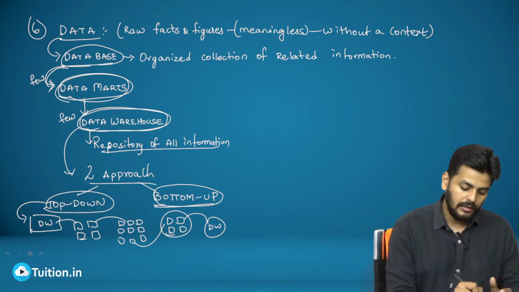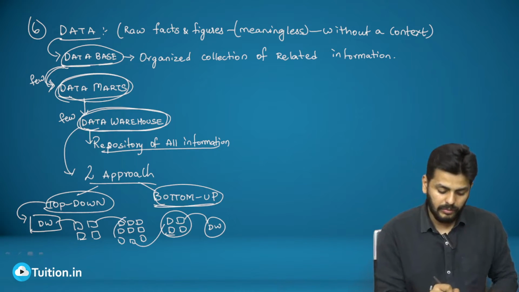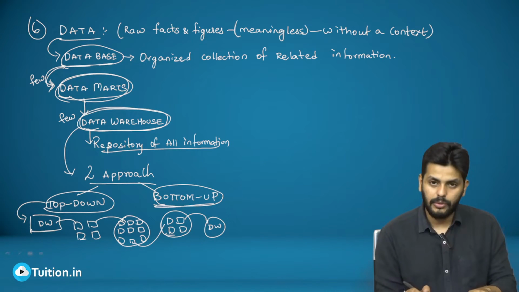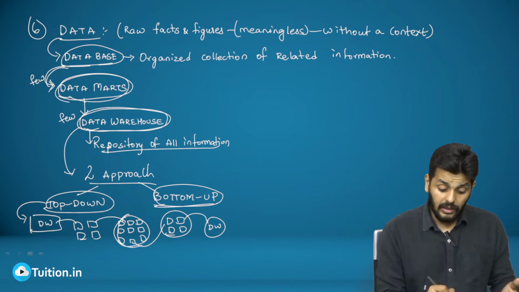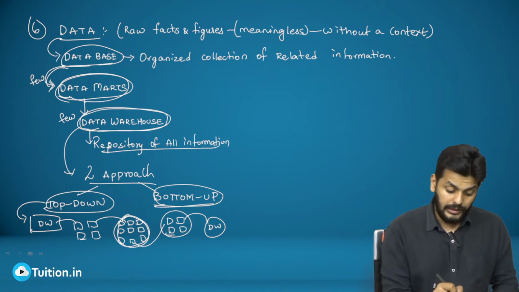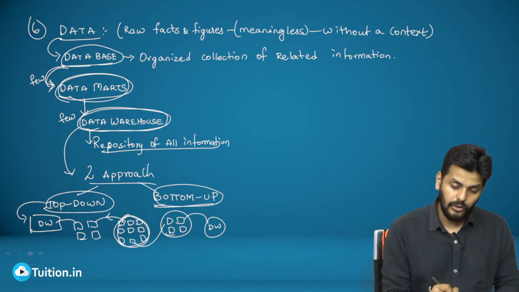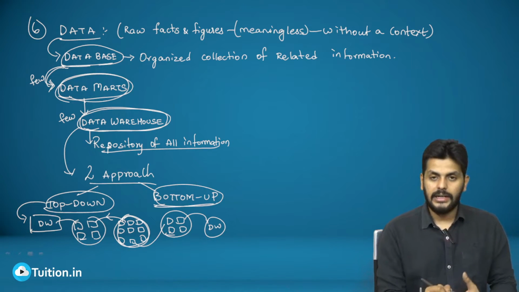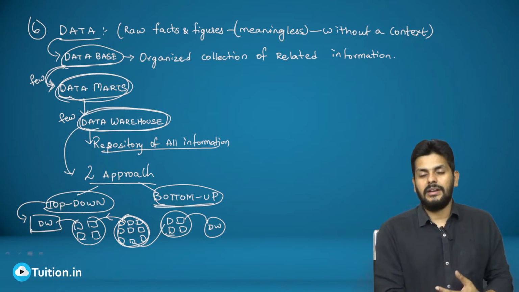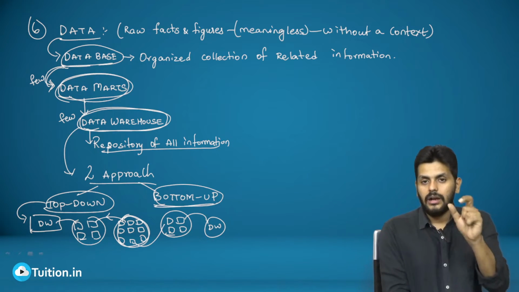So from brick to brick to brick, making the entire data warehouse. Top-down approach is breaking down the entire thing in this direction. Full data warehouse broken down to data marts, and then it's made into databases.